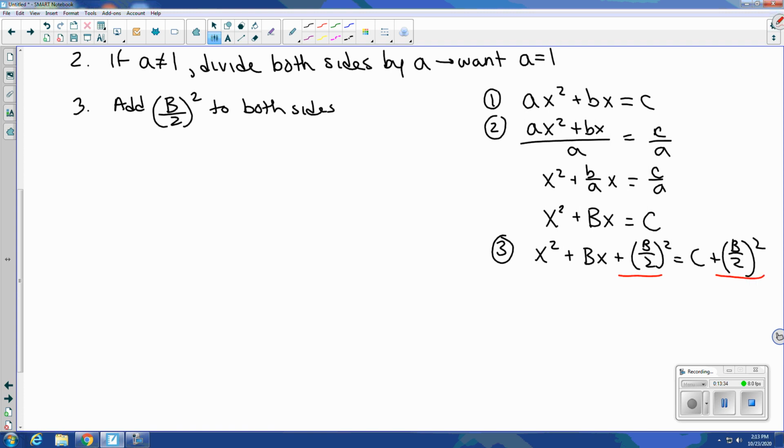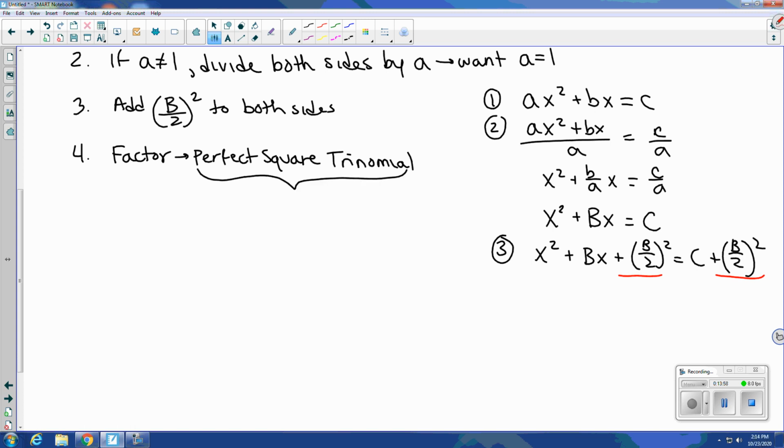Now what that does for us is, on the left side, we're going to factor. And what you have is a perfect square trinomial every time, assuming you did this process right up to this point. What the perfect square trinomial means is that you should get a duplicate factor pair.